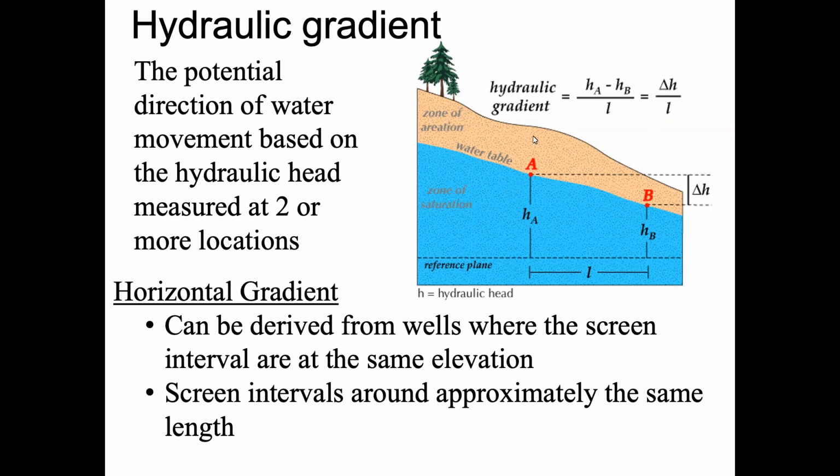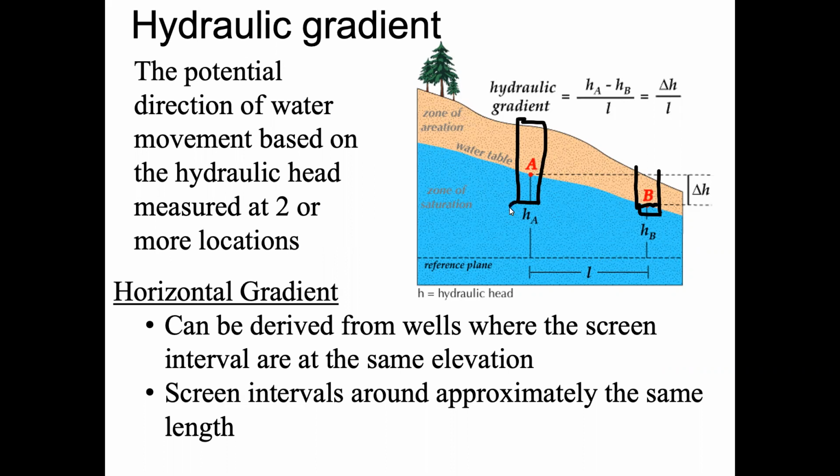So let's go ahead and drill some wells here, and we've drilled a well here. To take a look at the water levels, we drill that well a little deeper. Now we want to measure the total head in these environments.